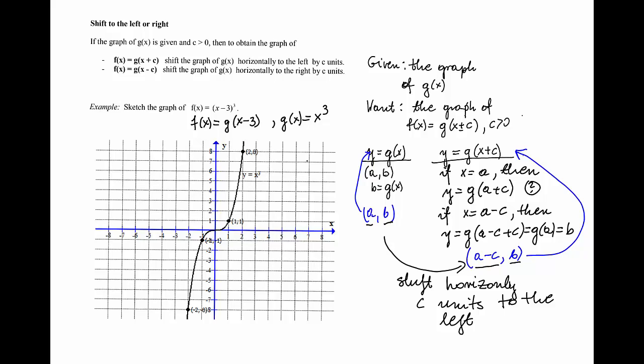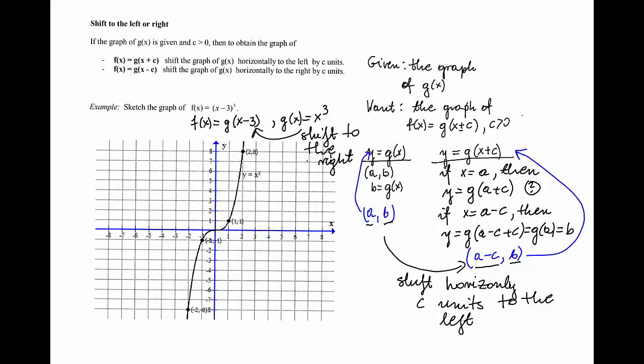As we noticed, we have to shift horizontally every point. Now because I have a minus 3 here, the shift is going to be horizontal, but it's going to be to the right. And therefore every point is going to be shifted horizontally to the right by 3 units.